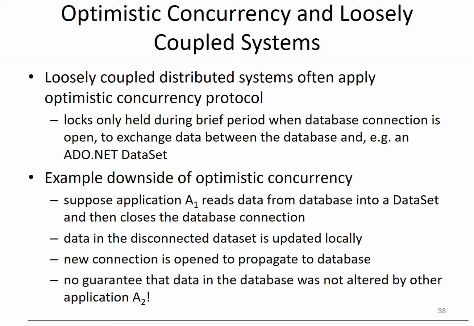However, there is no guarantee that the original data in the database was not altered by another application, A2, in the meantime. Then, the updates by A1 will be rejected because they would override A2's updates, which are unknown to A1, resulting in a lost update.